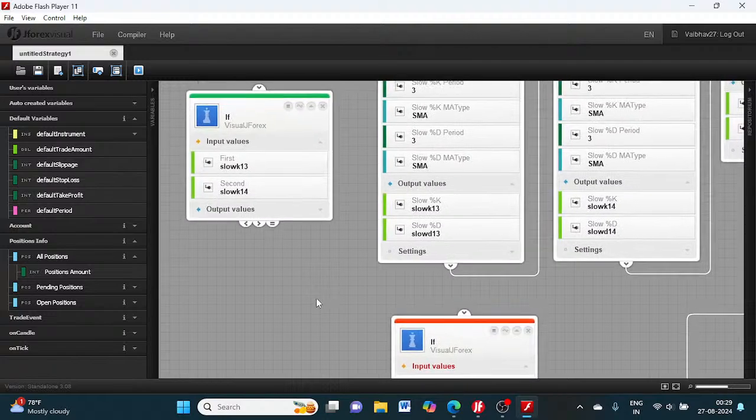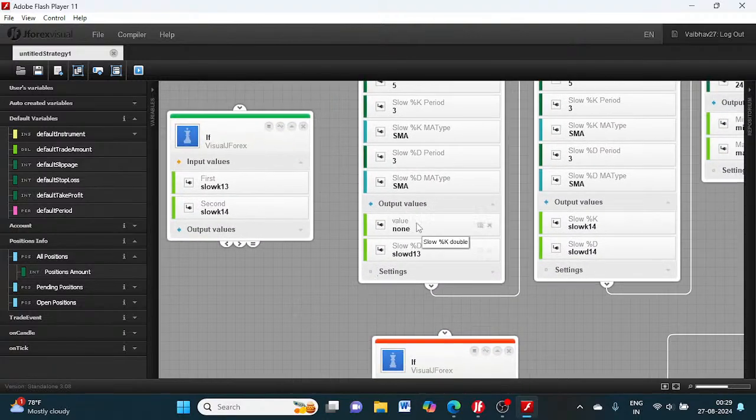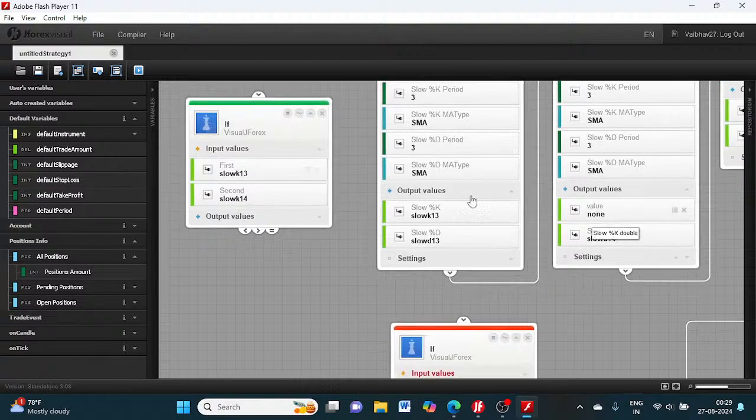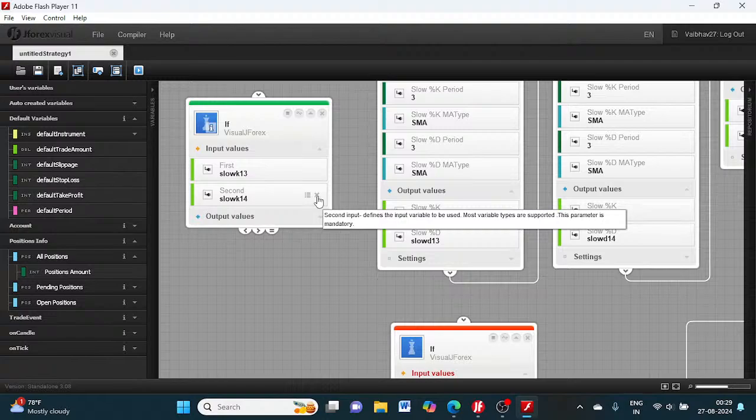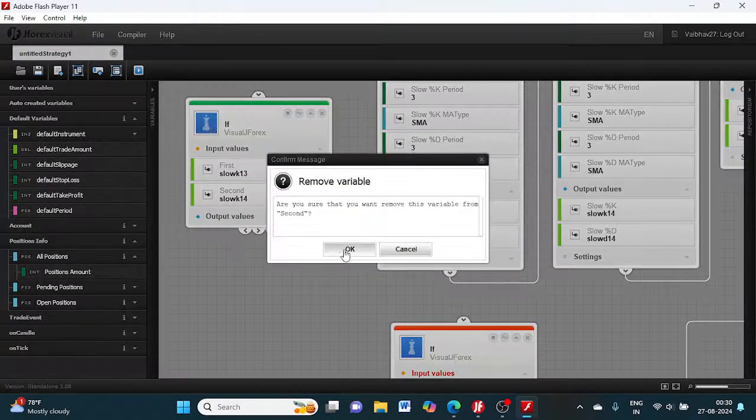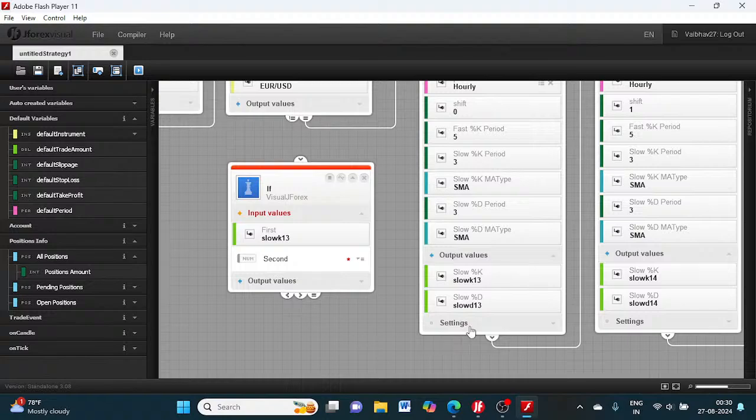Now I think what we need to do is compare slow K with slow D, and slow K14 with slow D14. Not do the cross comparison, but at the same time interval, same current candle period. Okay, so I think I got this wrong. I'm going to change it.